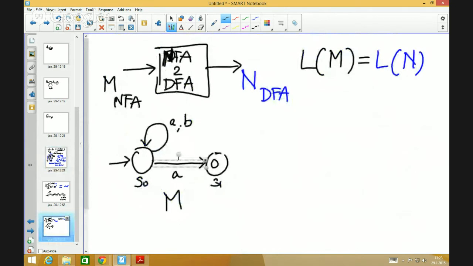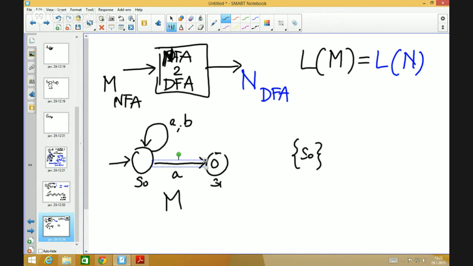In the beginning, we are in the start state, and there is only one. So the set of possible states initially contains only the start state. Now, if I am in the start state and I read an A, afterwards I can be either in S0 or in S1.